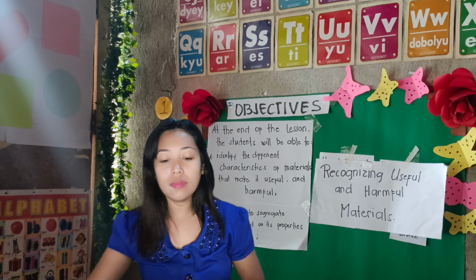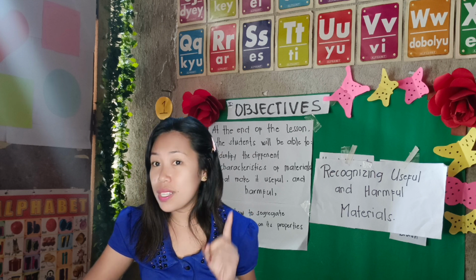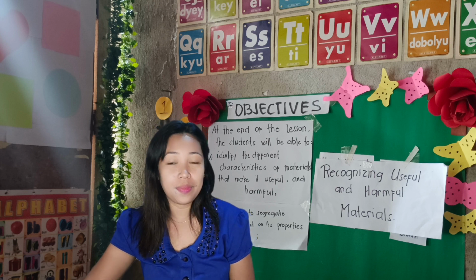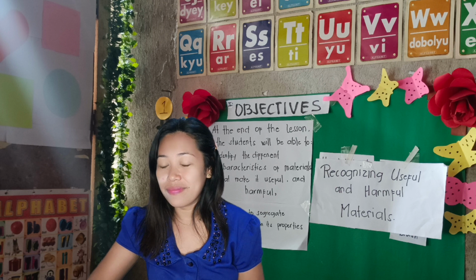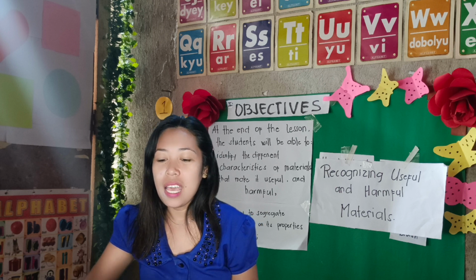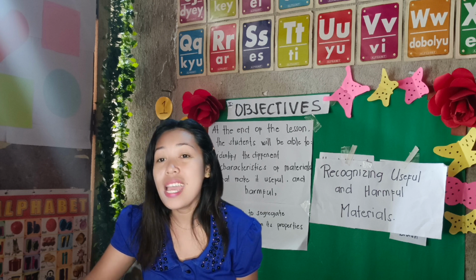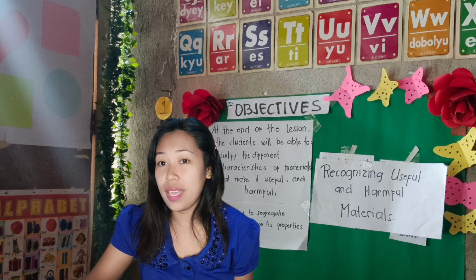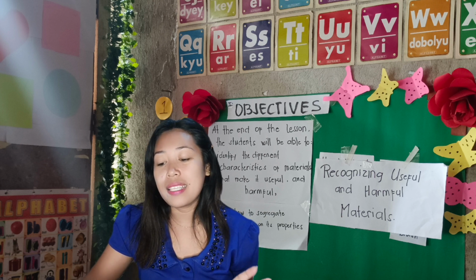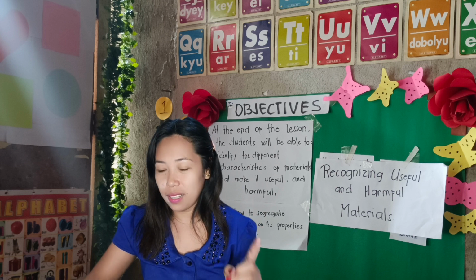Okay, other questions. When is a material considered waste? Okay, very good. When a material has already served its primary use and can be discarded, it is considered waste. Waste can be classified as biodegradable and non-biodegradable.